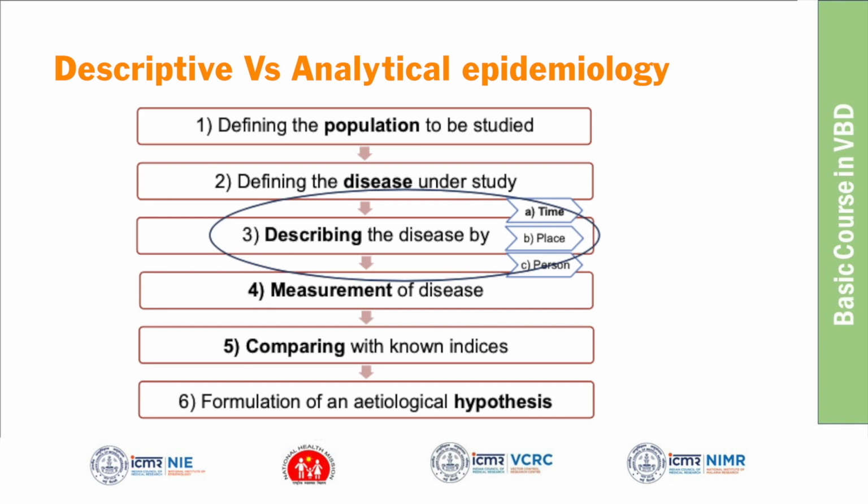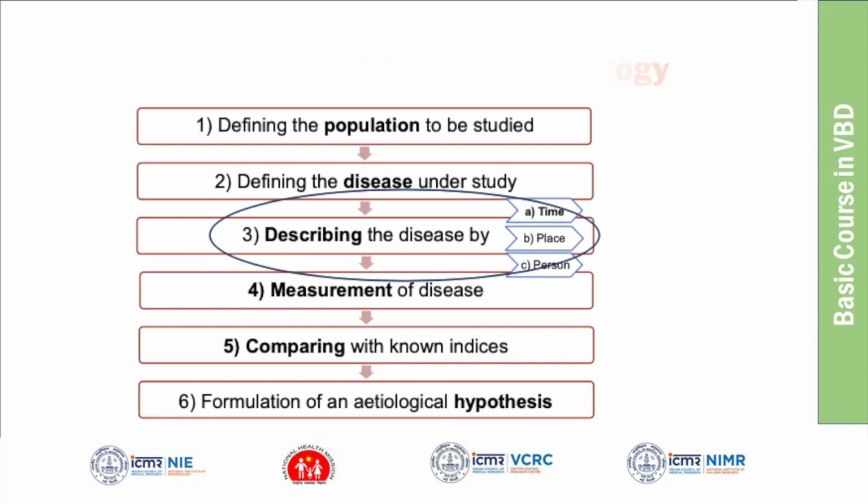And at last, the ultimate objective of the descriptive studies is to develop or formulate a research hypothesis. That is the final step. So in this lecture, I'm going to describe and explain up to three points, because the fourth point was already dealt with. So fifth and sixth, I'm not going to touch. They will be dealt with in separate lectures.